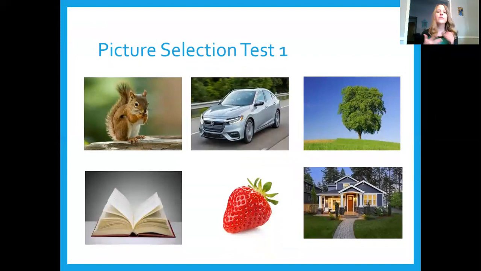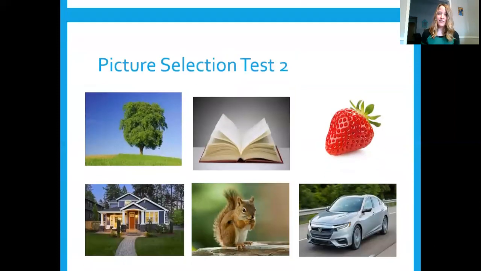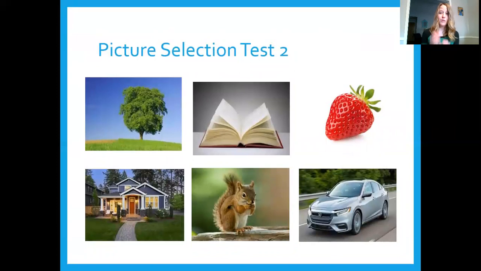And with each trial, the position of all of these pictures will be shuffled, so that you can't simply start here on the top left and work your way across. That won't be an effective strategy. If you select the squirrel, you have to remember that you selected the squirrel, because the position of the squirrel will change in the next trial, or here in the next slide.